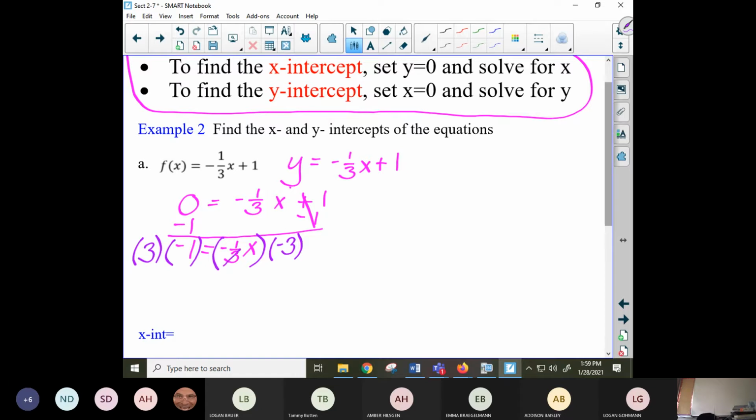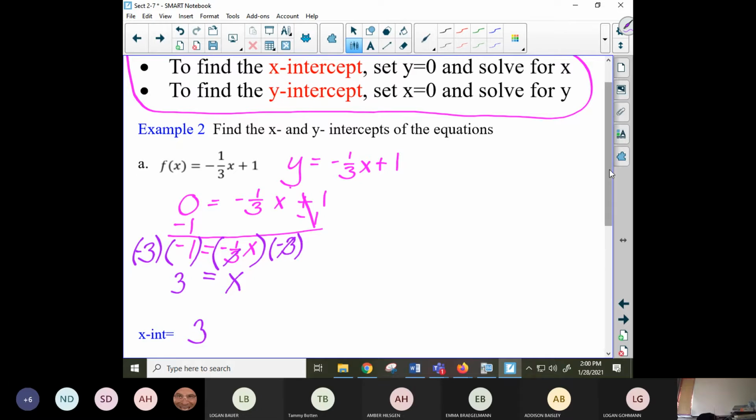Our 3's cancel, so on the right side I have x, and on the left, -3 times -1 is 3. That is my x-intercept. Thank you for catching that. So that would actually be 3.